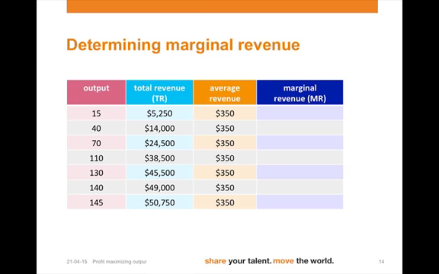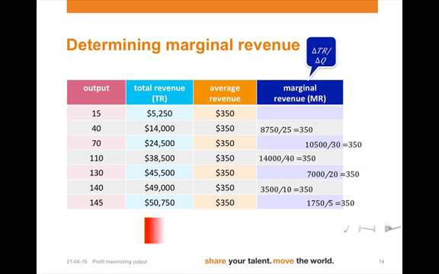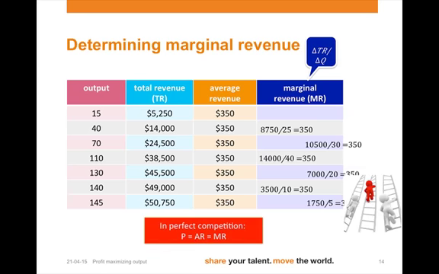Again, it's the difference in total revenue divided by the difference in output. But as you will see, no matter which exercise we follow, it is always $350. In perfect competition, we can therefore say that the price equals average revenue, but is also equal to the marginal revenue.